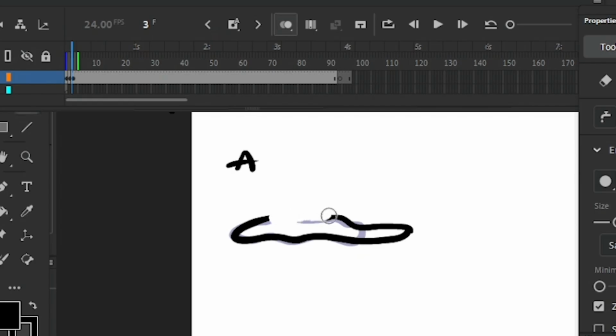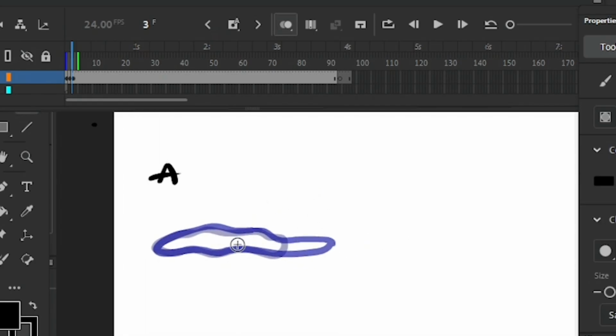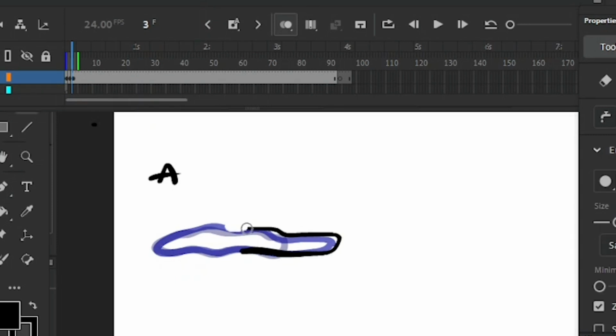So now to determine what happens on this keyframe, it usually moves in a turbulent motion. Now it's here. It has to drag itself.